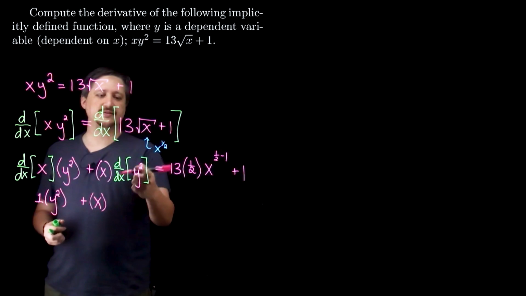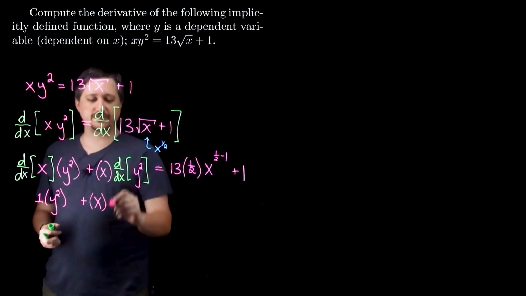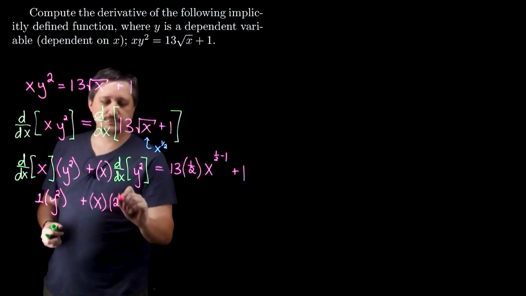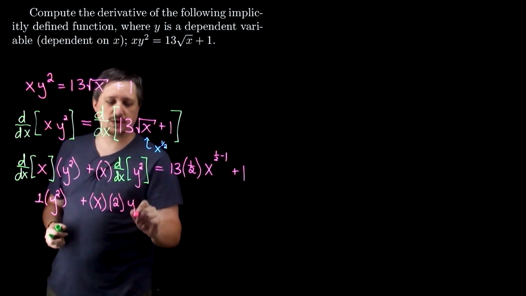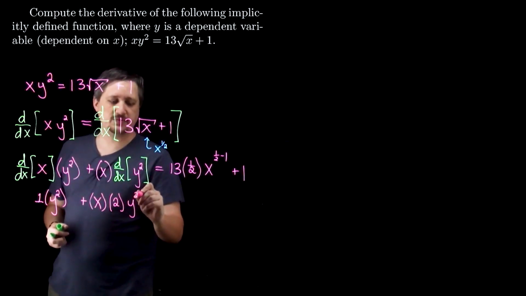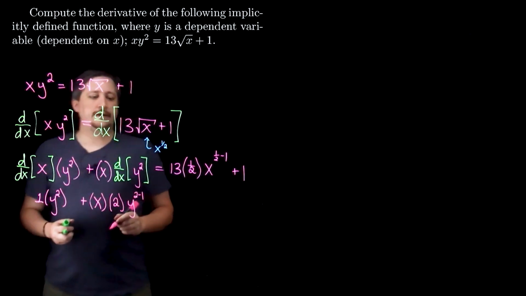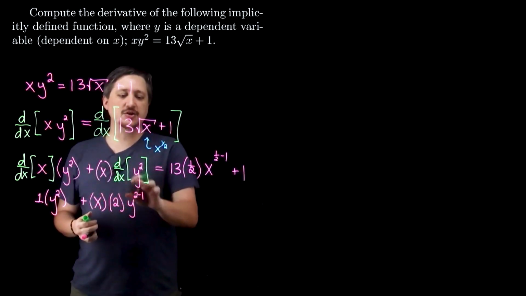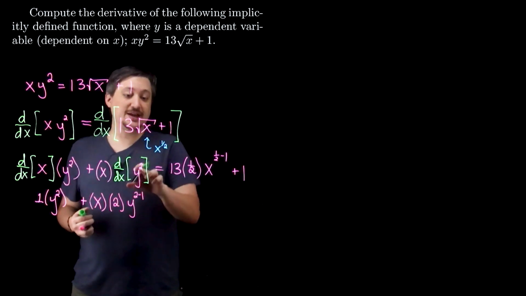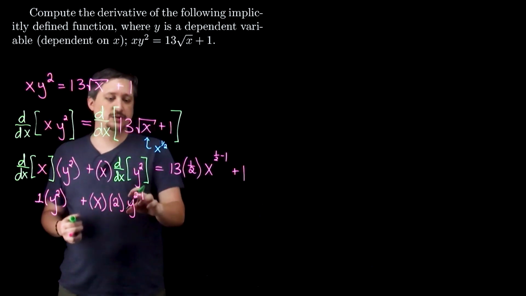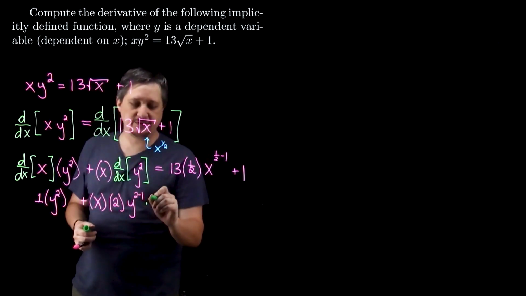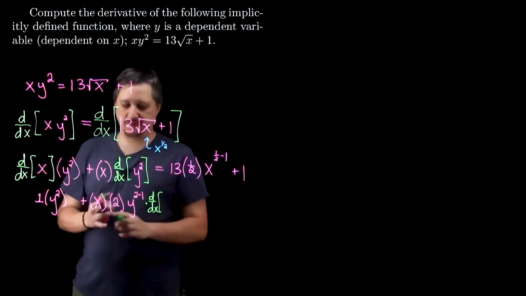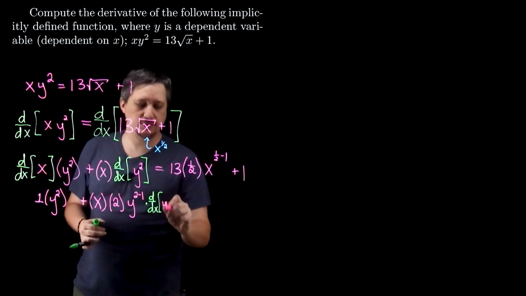So I could treat this as a function squared, so I'd bring down the 2 times the base y to the 2 minus 1. But then I have the chain rule, which says y is some unknown function like f. So if I were doing f squared, I'd bring the 2 down, subtract 1 from the power, but then I'd still have to multiply by the derivative of that inner function, in this case, just y.